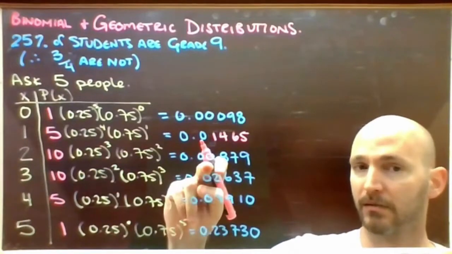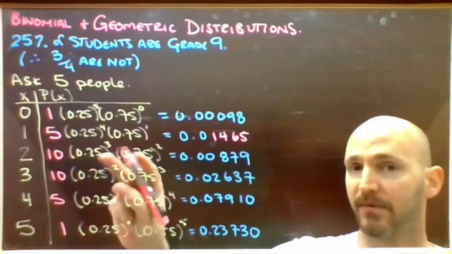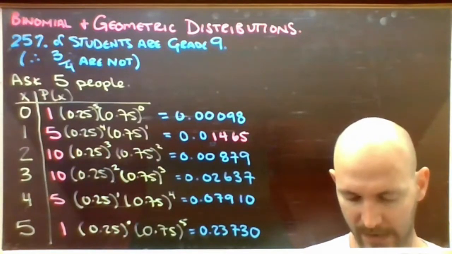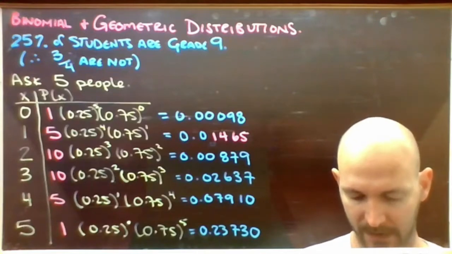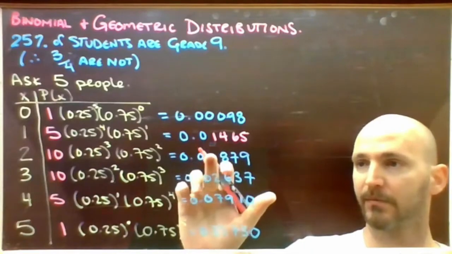This row here should have been multiplied by 10 because there were 10 different sortings of these people. So 0.00879 times 10 gives me 0.0879.